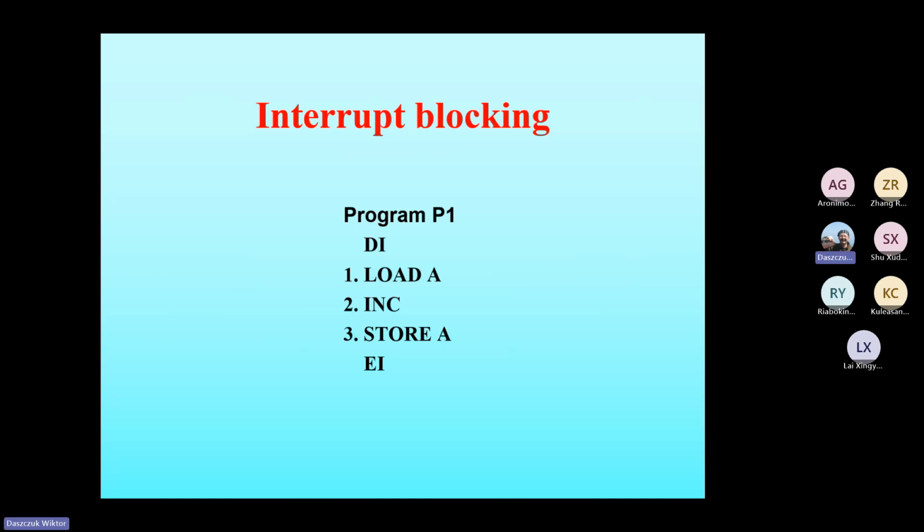It is not elegant. And sometimes it's not safe, because we don't know how many instructions a process wants to run in the critical section. Can it be 1,000 instructions? Yes. 2,000, a million, why not?